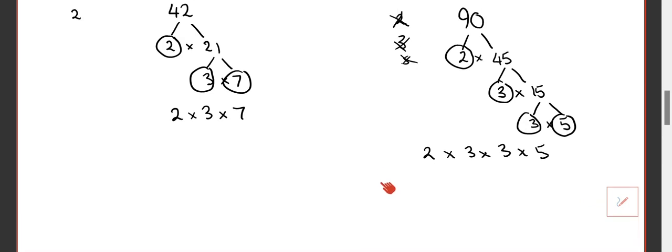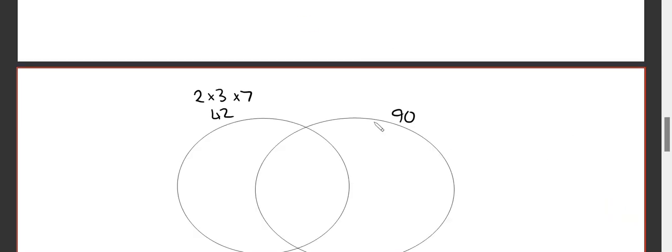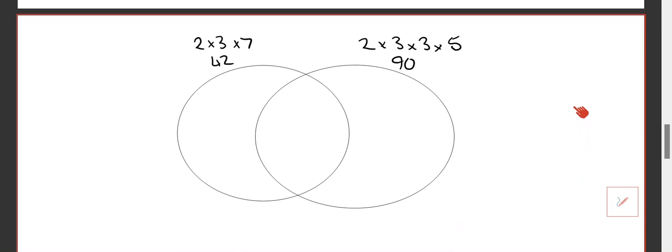Has everyone got what they need from here? Do you remind me what 90 was? 2 times 3 times 3 times 5. Okay. Now I've just put it like that, so it's all in one place.